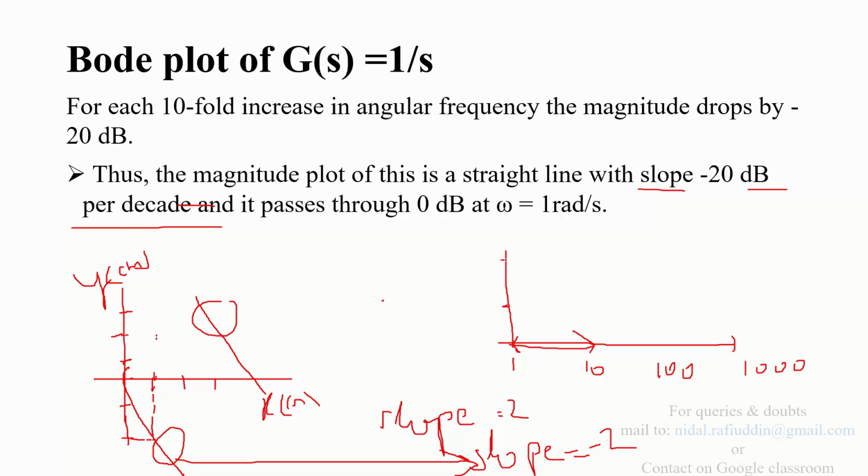On the y-axis you have linear marking. Suppose you desire to draw a slope of -20 dB per decade. Since this is the dB axis, the magnitude, you will have to mark, for example, 10 represents 1 centimeter, 20 represents 2 centimeters, 30 represents 3 centimeters, and so on. Likewise, on the negative axis you will have -10 and -20, and so on.